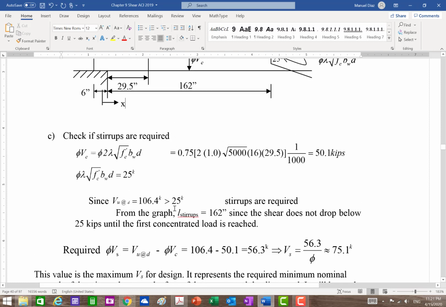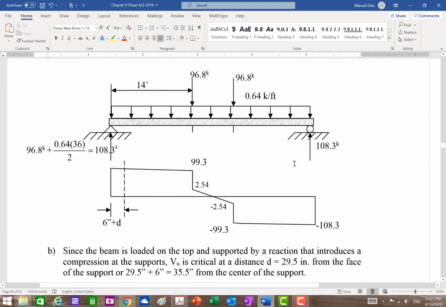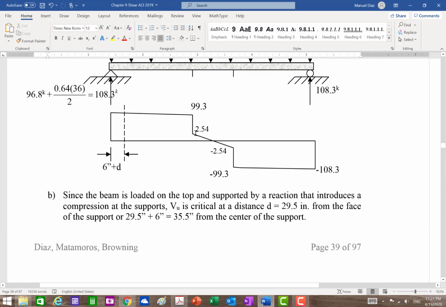Well, let's see. We're looking at 25. If I have my graph here, and I know for my shear design that this is 99 and this is 2.5, there's a drop right there. So the question is, where in my diagram is the value of 25? That's as far as I need to cover with the stirrups.